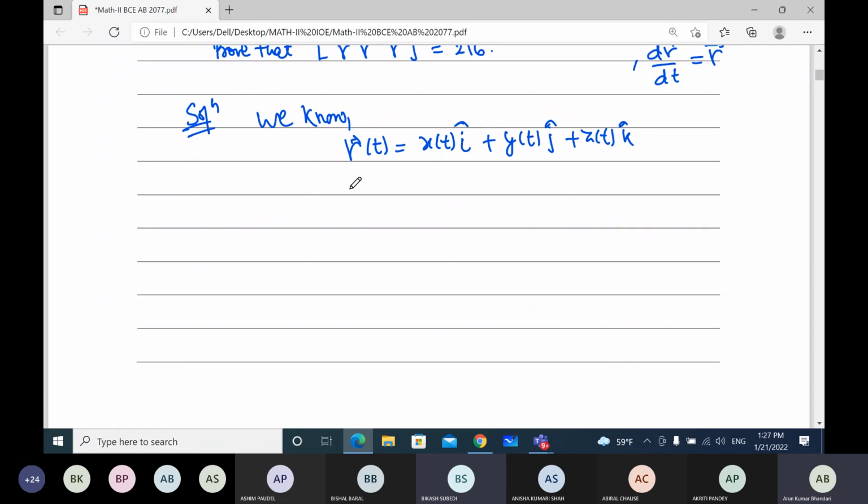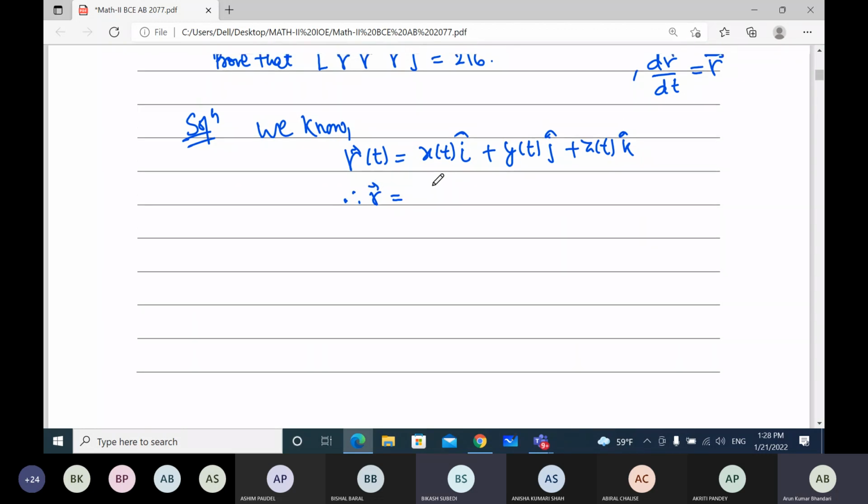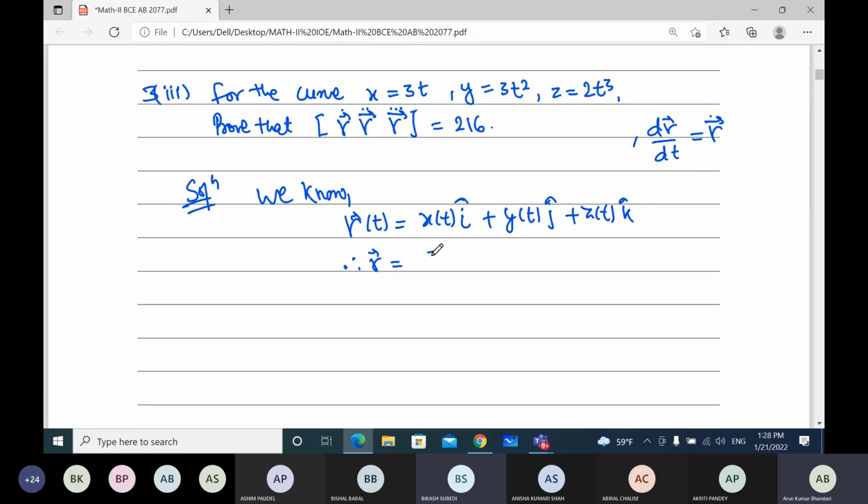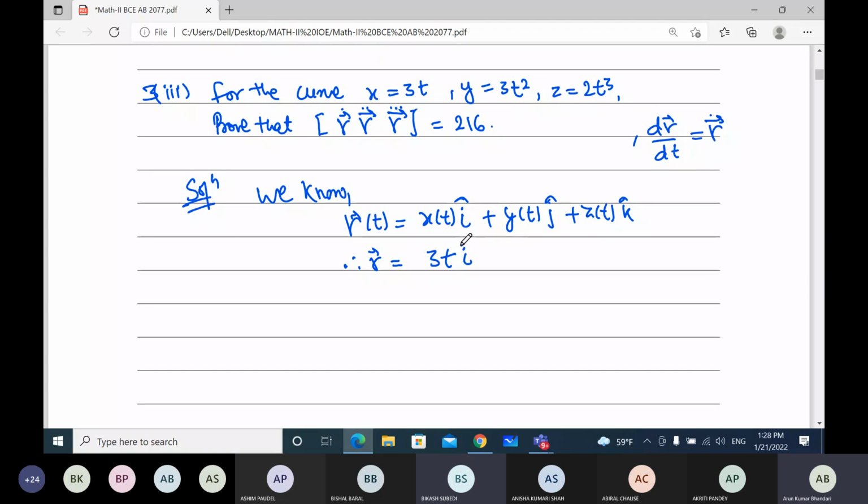Therefore r is 3t i plus 3t square j plus 2t cube k.